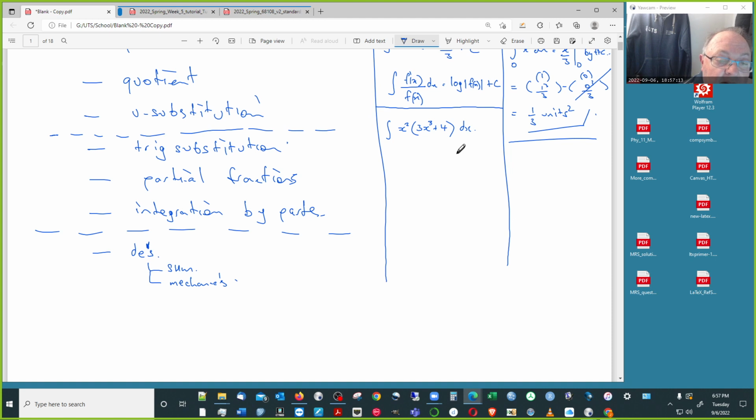Now, if we take the integral form and u is equal to 3x cubed plus 4, and then Leibniz notation, please, not just a dash, but an actual Leibniz notation.